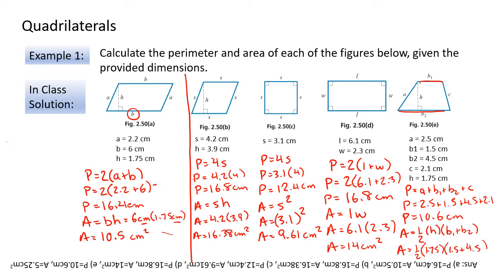If you calculate that out, and I'll have to write the answer up here, running out of space, the area is 5.25 centimeters squared. So this is just our basic perimeter and area calculations. In the next example, we'll see how to apply them a little bit further.